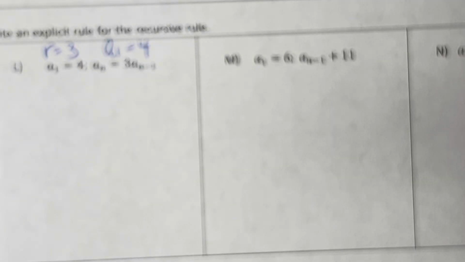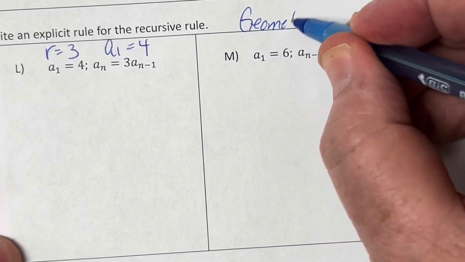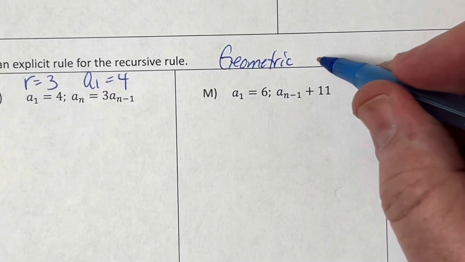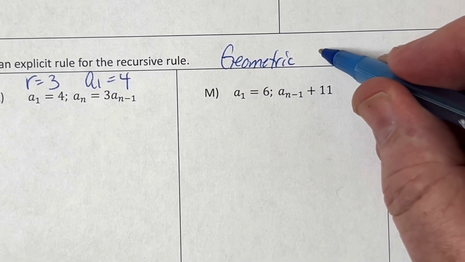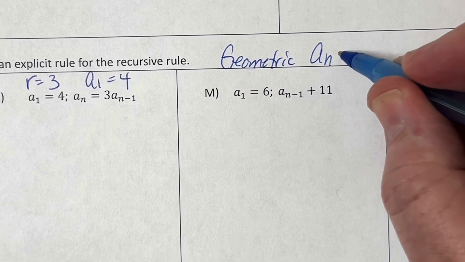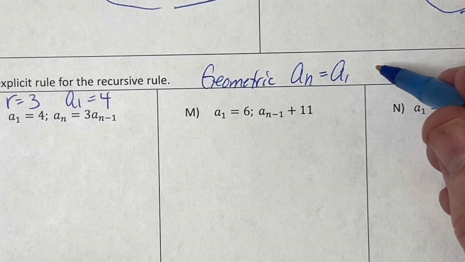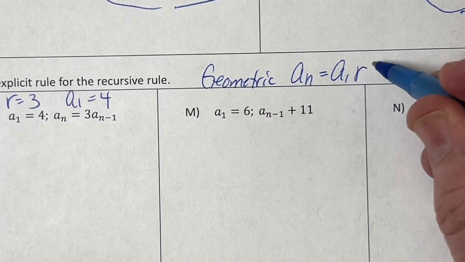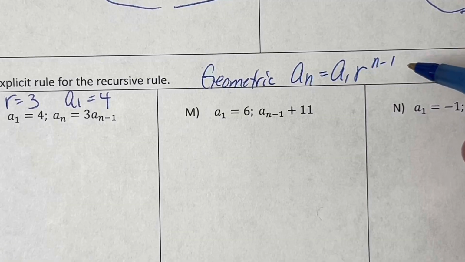All right, and when we have those two things, we have everything that we need to be able to write the explicit term, because the explicit term for geometric, and this is on the front of your notes, was a_n equals the first term times r^(n-1).